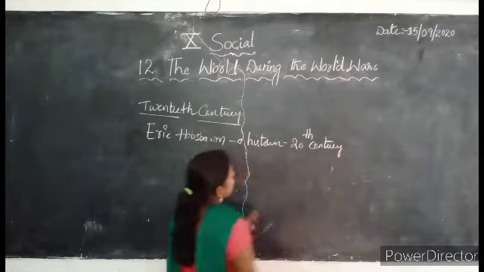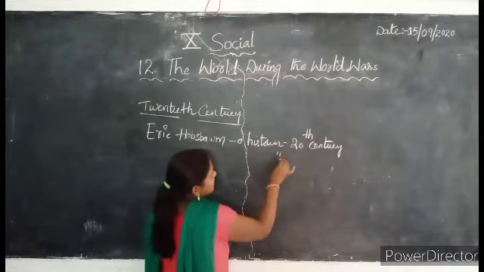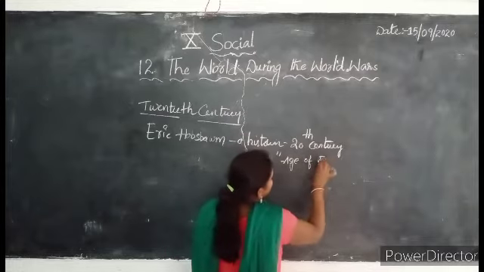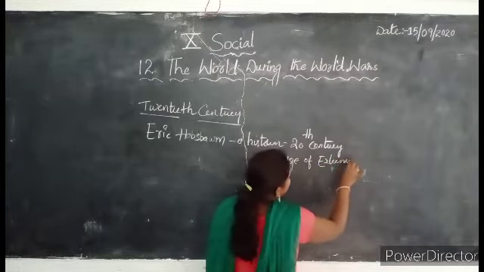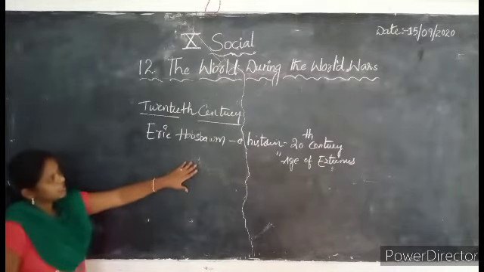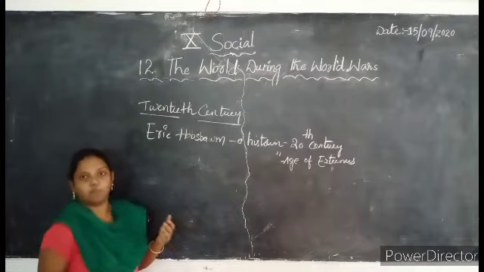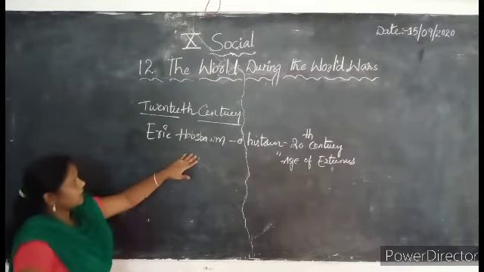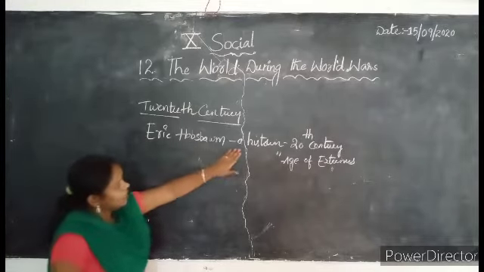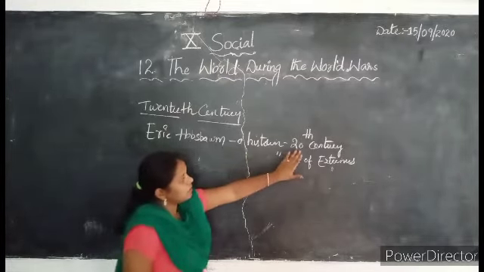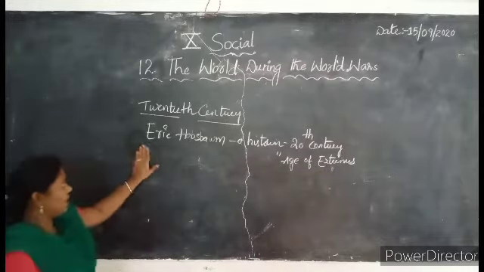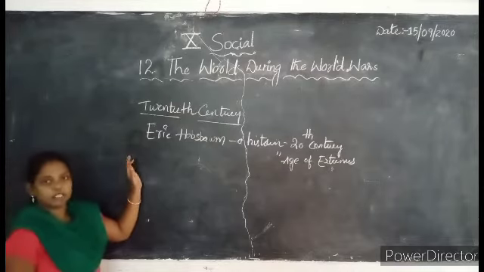He believed the 20th century to be the age of extremes. In the 20th century, the things that happened were more extreme. What is the person's name? Eric Hobsbawm. You have to remember. He was a historian. He called the 20th century what? Age of extremes. So, let us look into the facts of the 20th century.